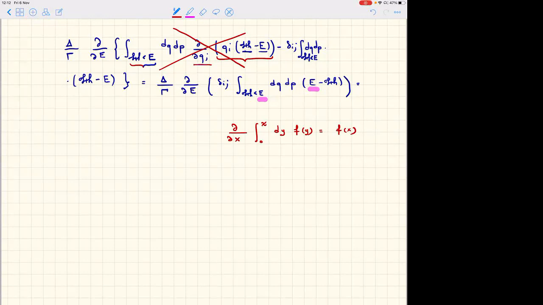In this particular case, I assume that f of y does not depend on x. So if it doesn't depend on x, then this is the result, right?